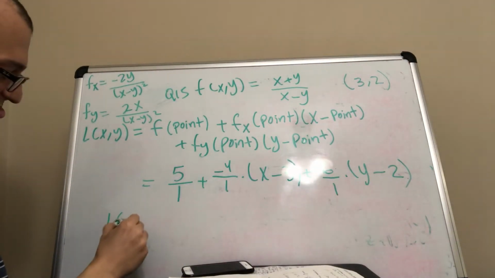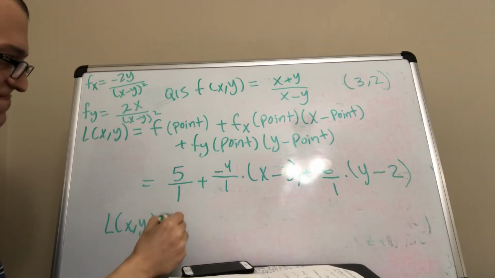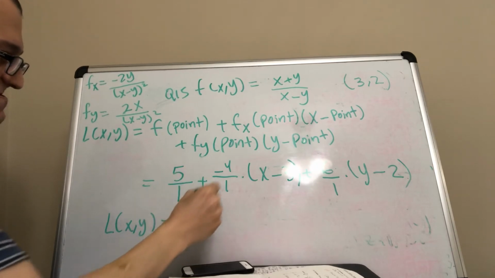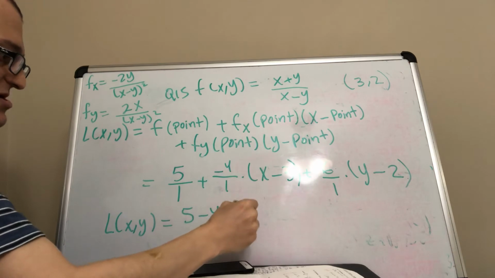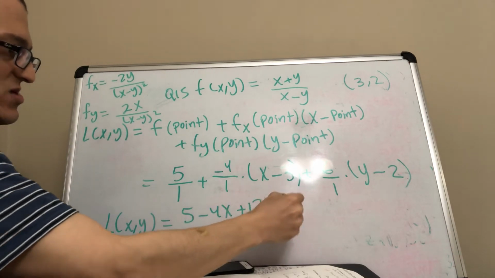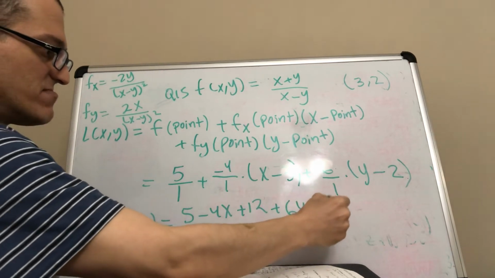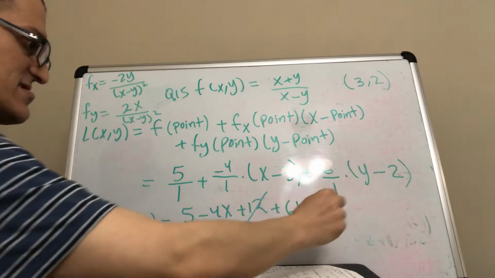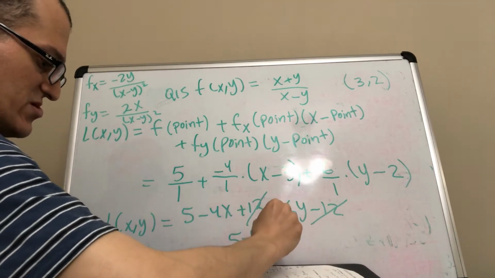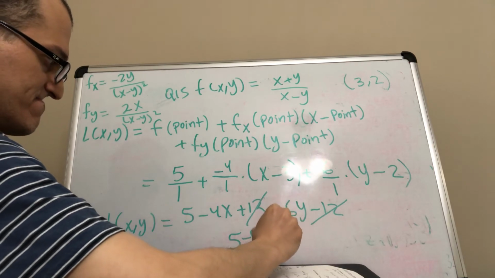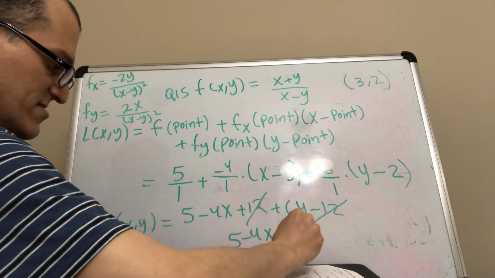So your linear function is 5 minus 4x plus 12, plus 6y minus 12. Cancel, cancel. So it's 5 minus 4x plus 6y.